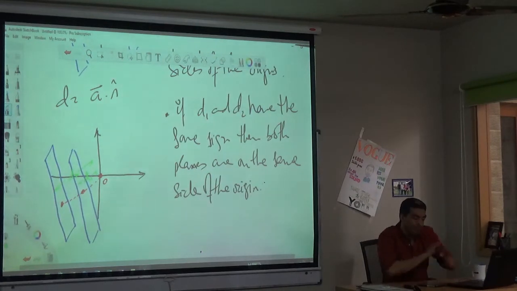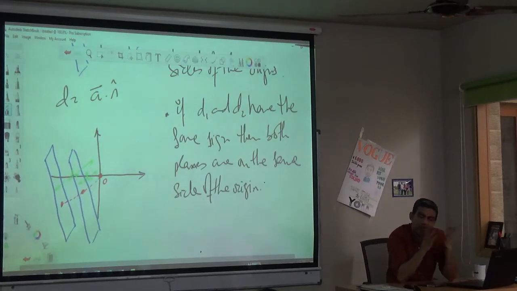Now, I'm just giving this example with respect to the origin, but it's not only for the origin. Let's say there are two planes, plane 1 and plane 2, and there's a random point somewhere in space, random point Q (1, 1, 1), for example.